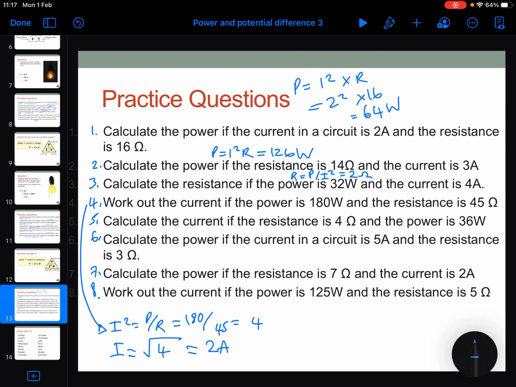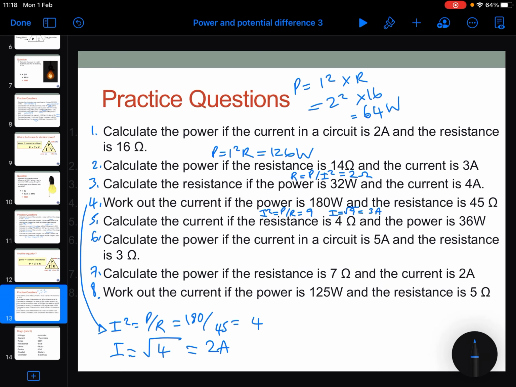Number 4 we've done. Number 5, I squared is P over R, so that's 36 divided by 4 is 9. I is the square root of 9, which gives you 3 amps.